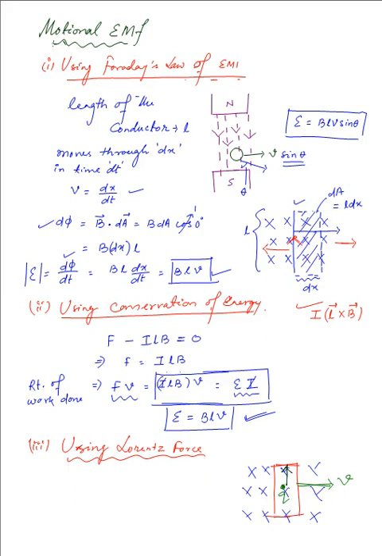That's the direction of the force due to the magnetic field. Now all the positive charges will be accumulated at the top, and the negative charges conversely will be accumulated at the bottom of the conductor.